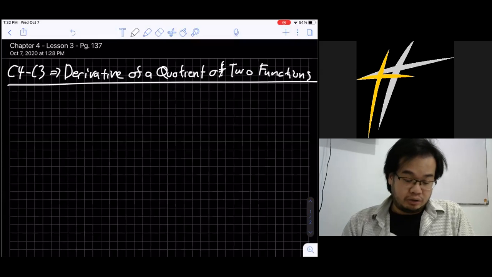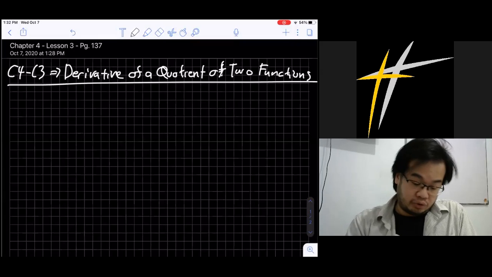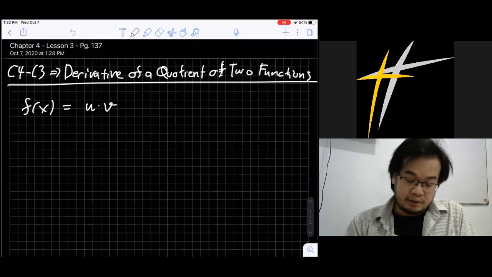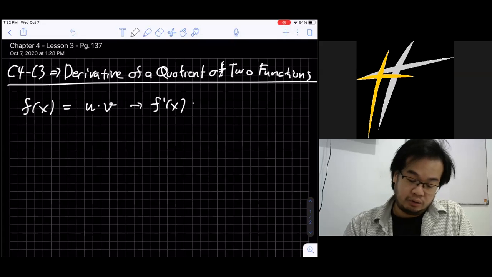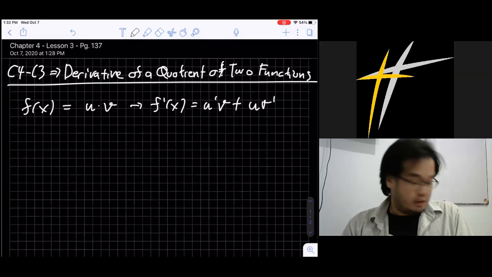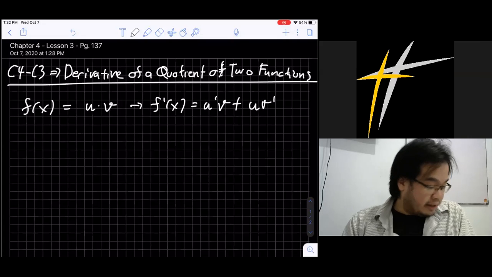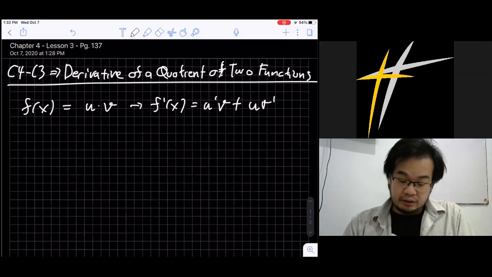Okay, so let's review a bit. Yesterday, if we have a function f(x) equals u times v, then the derivative of f(x), f prime x, is equal to u prime v plus u v prime. Now, what if the function is a quotient?